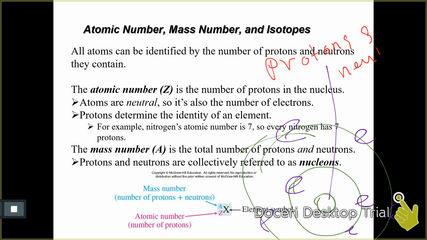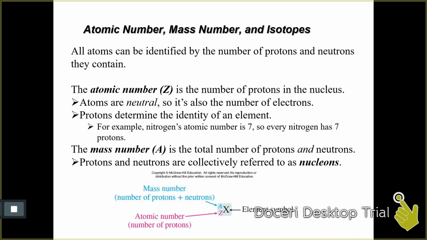So far we learned two things: the atomic number, the number of protons in an element, which is unique and defines an element; and the mass number, the number of protons and neutrons in an element. And there is a unique way you write the chemical symbol, the representation of an element.